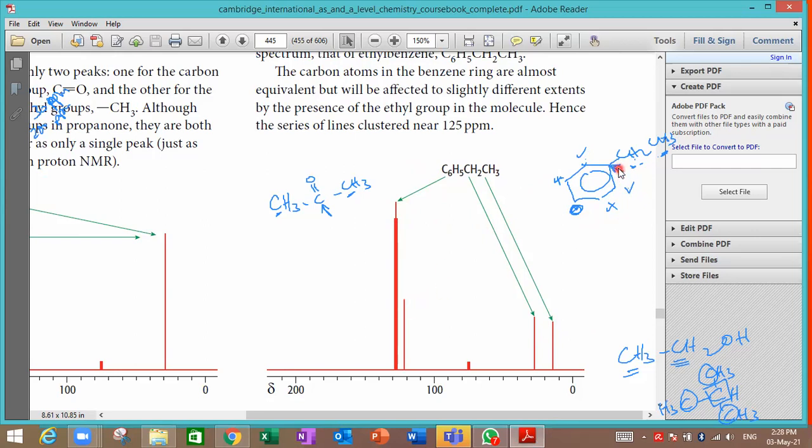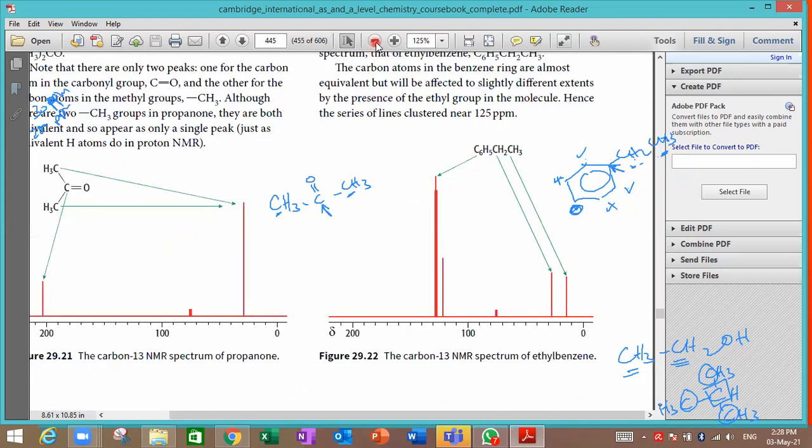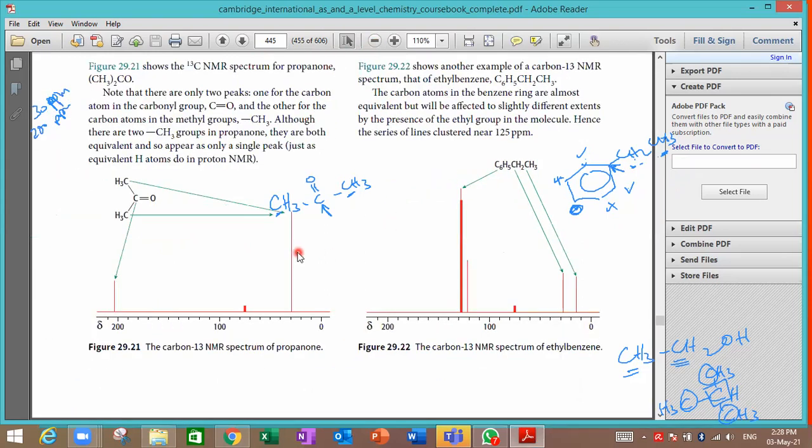This one is that, and we have a CH2 and the CH3. And of course, from the positions, we can determine which one is the CH2 and which one is the CH3. Understand? We look at the table.